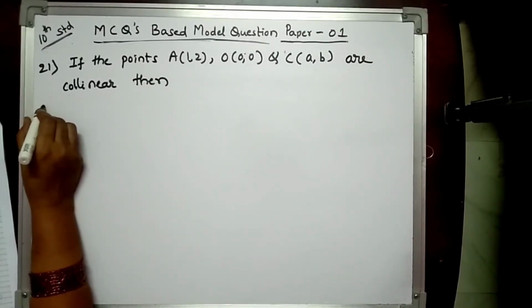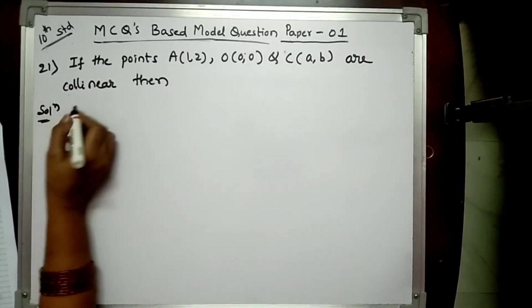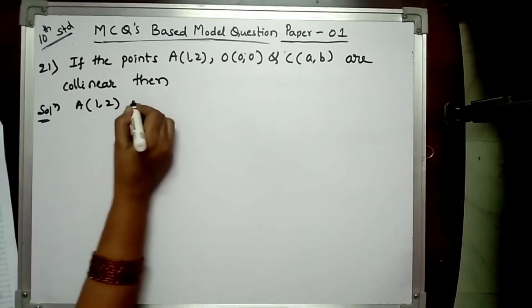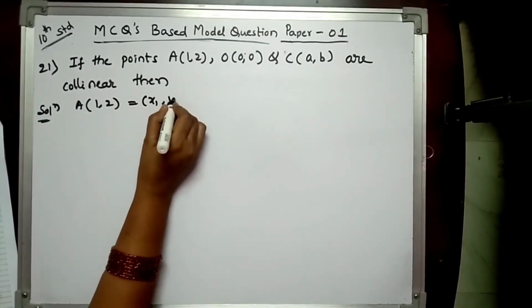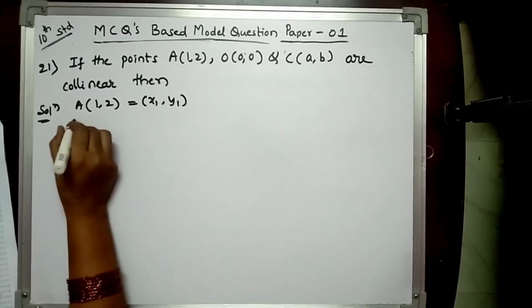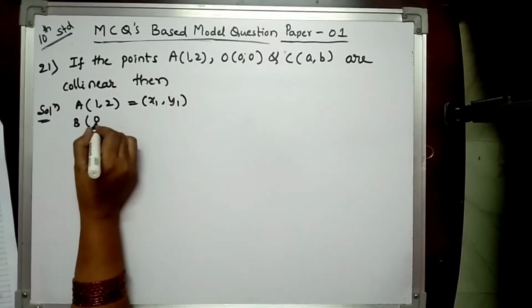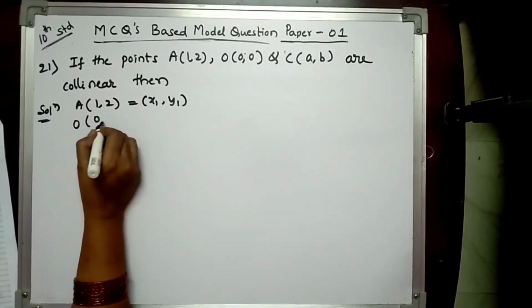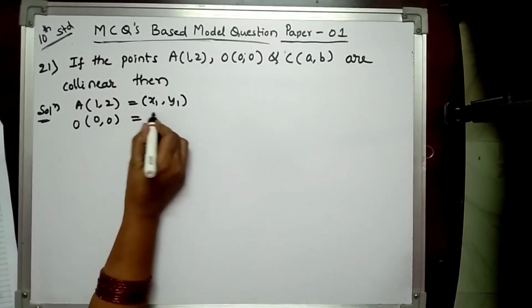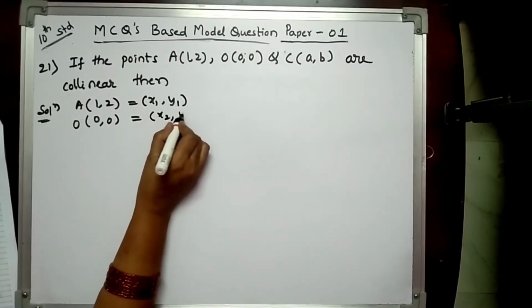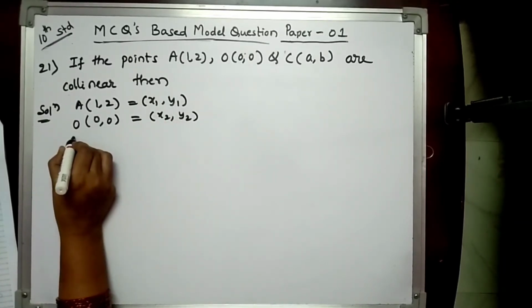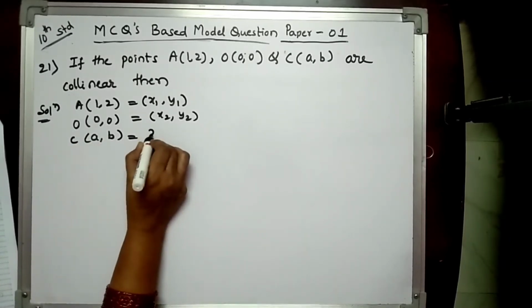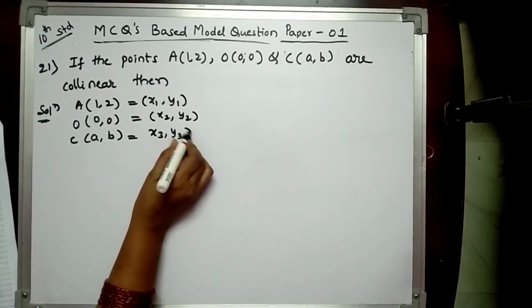So write down A point 1 comma 2, that is x1 y1, then B means here they are given origin, 0 comma 0, that is x2 y2. Next C a comma b, that is x3 comma y3.